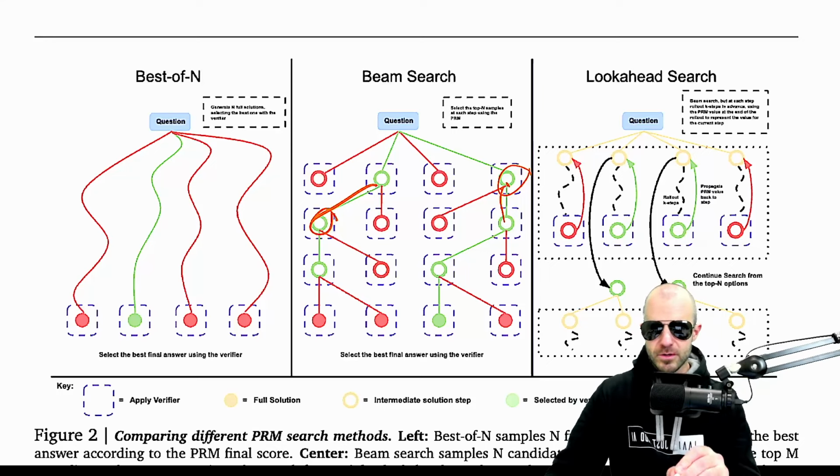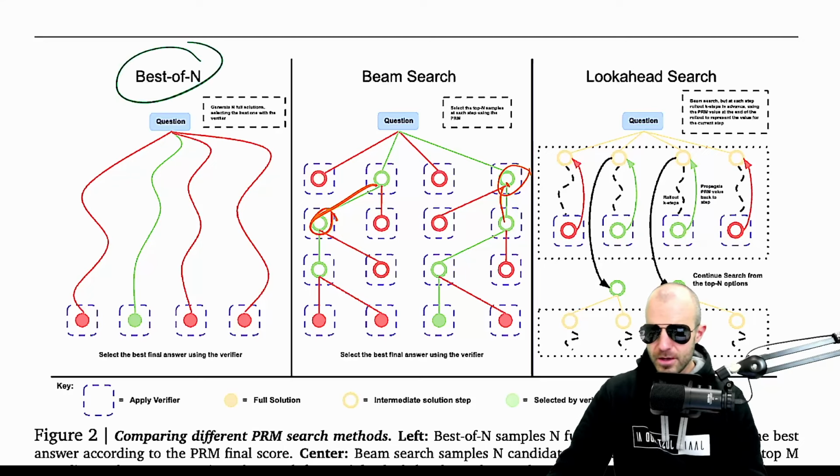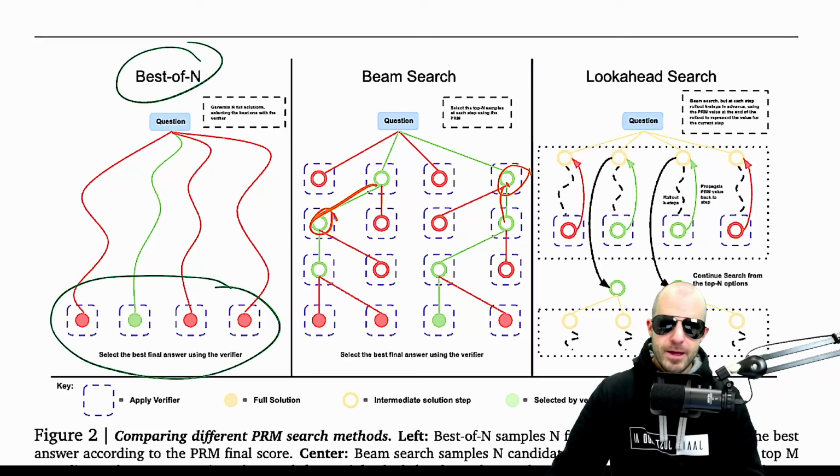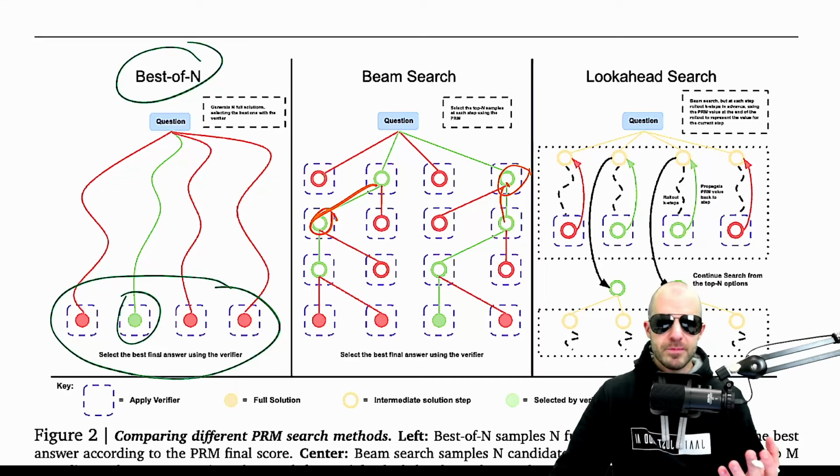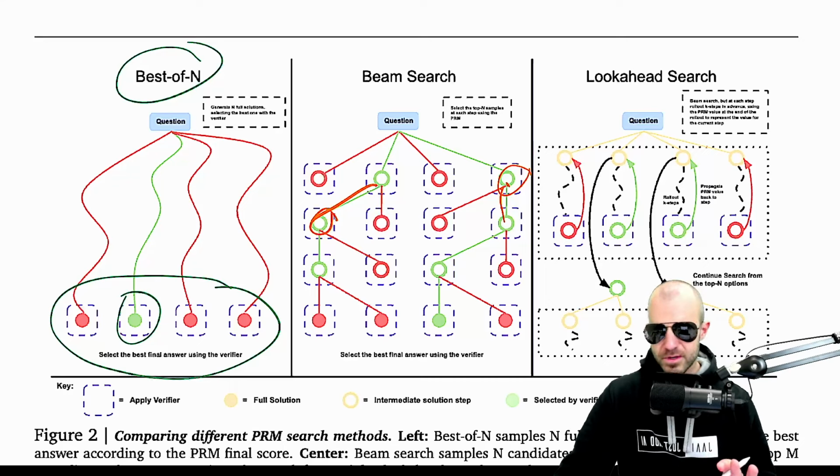The easiest thing we could do is what they call best of n. We could just sample a bunch of times. And then, for one, we could just use the majority answer. But if we have a verifier model, a reward model, we could use the reward model to decide which one of those is actually the best according to the reward model. And that's what we can output. Okay? Pretty simple, pretty straightforward. Sample a bunch of times, score it.